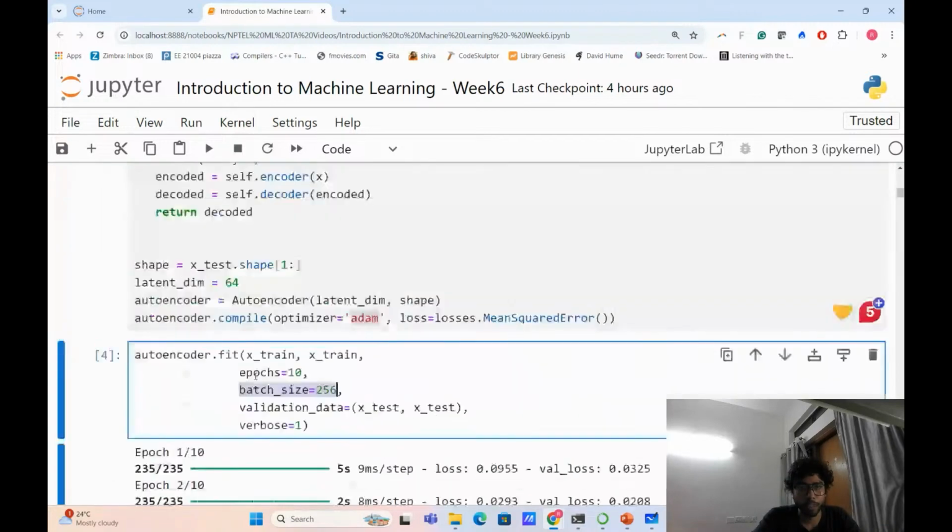Okay, let me explain a little bit about epochs, batch size, and iterations. So what are epochs? Let's say you have 10,000 images, so your data is 10,000, and you want to train your model with these 10,000 images. You don't push the data all at one time only.